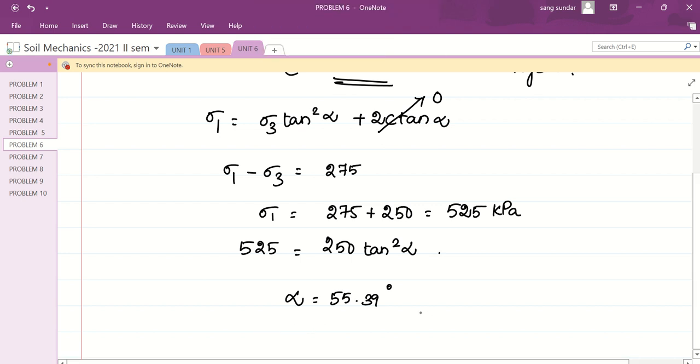So alpha is nothing but 45 degree plus phi by 2, right?